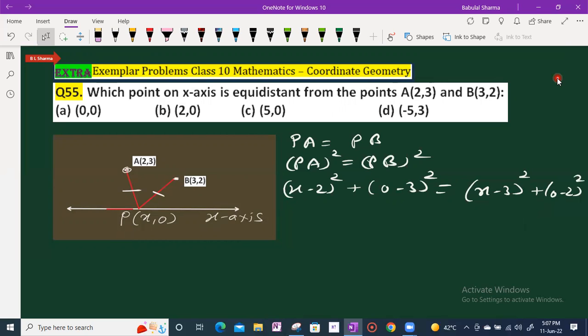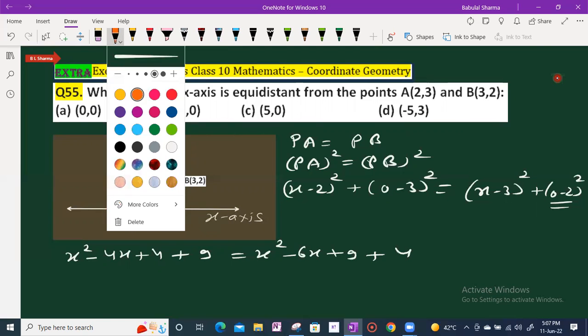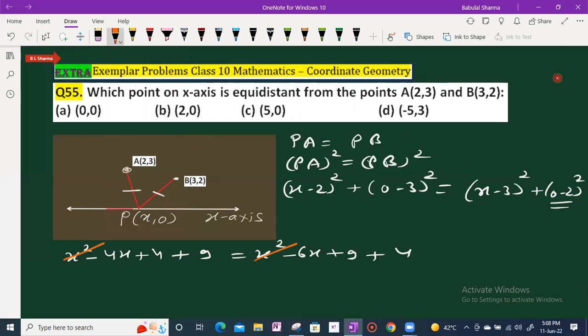So squaring, x square minus 4x plus 4, square of 3 minus 3 is 9. Right hand side, x minus 3 whole square is x square minus 6x plus 9, and square of minus 2 is 4. Left hand side and right hand side देखिए x square हमारा कैंसिल हो जाएगा.